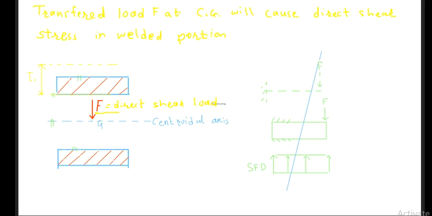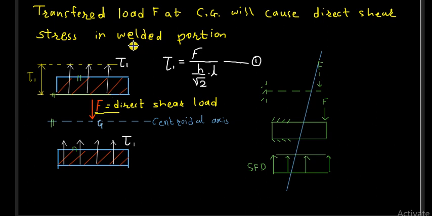Look at this slide. The transferred load F at the CG will cause direct shear stress in the welded portion. This is the welded portion shaded by red lines. It will induce a shear stress, which will fail the weld bead, and it will be equal to the force upon the minimum resisting area.